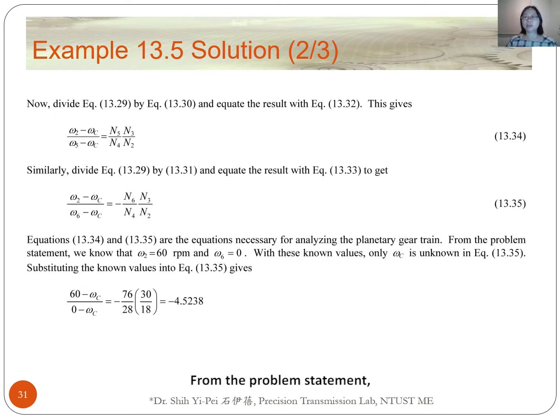From the problem statement, we know that omega 2 is equal to 16 rpm, and the ring gear 6 is fixed to the frame, so omega 6 is 0. The teeth numbers are given in the figure.